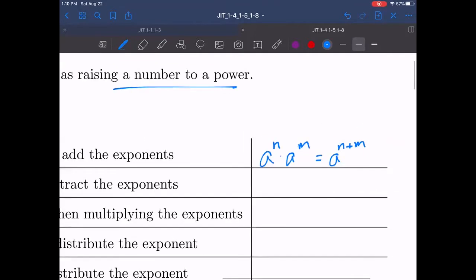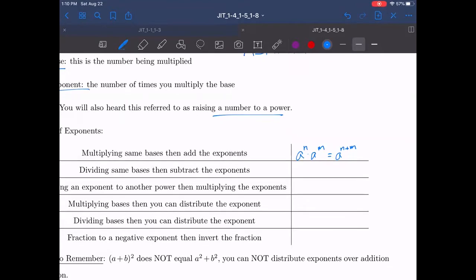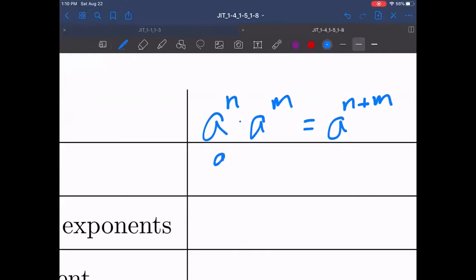If I'm dividing with the same bases, then I can subtract the exponents. So if I've got a to the n divided by a to the m, then that would be a to the n minus m.